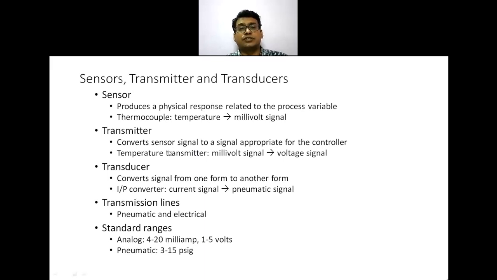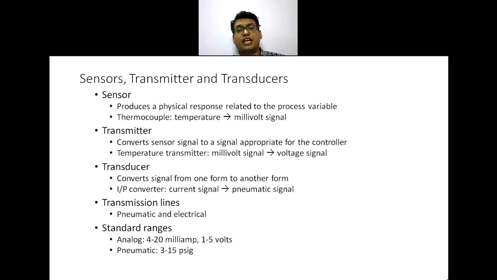Now the sensors produce a physical response related to the process variable. That is, your thermocouple's temperature is measured in terms of a millivolt signal. Then there is a transmitter.